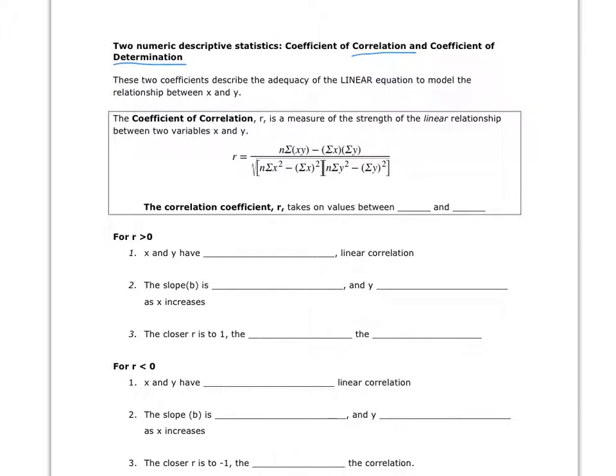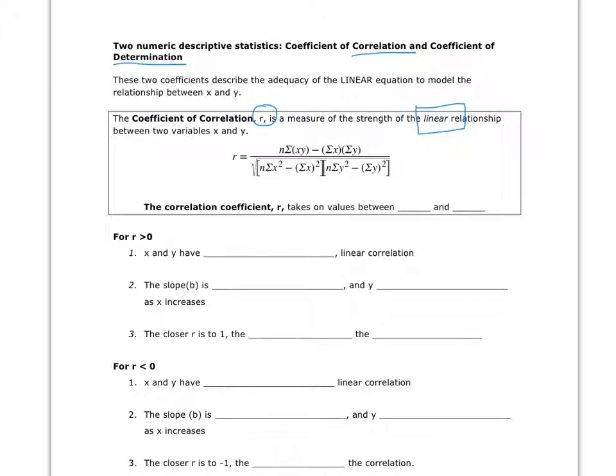So the first one is the correlation coefficient. We use a lowercase r to stand for it, and it measures the strength of the linear relationship between the two variables. I want to emphasize linear because r only measures linear relationship. It doesn't have any ability to measure any other kind of relationship between x and y.